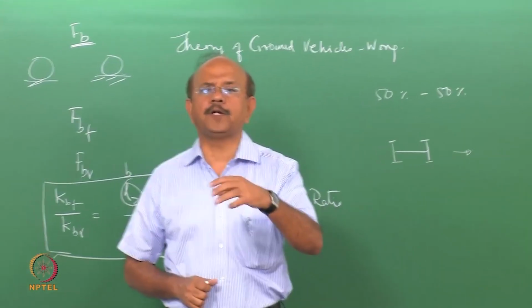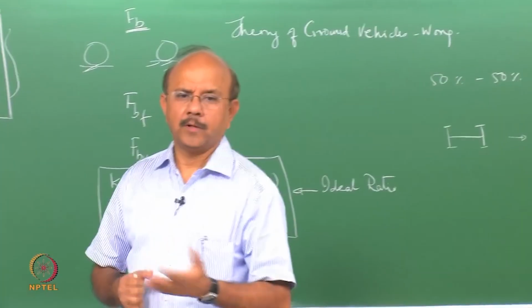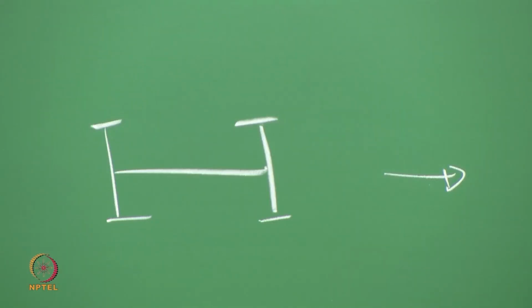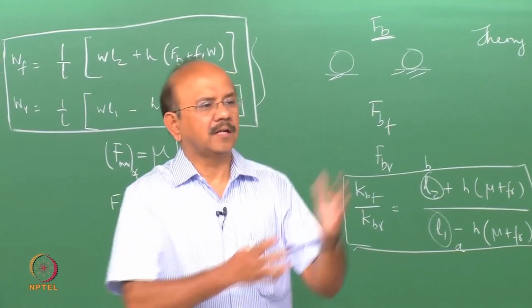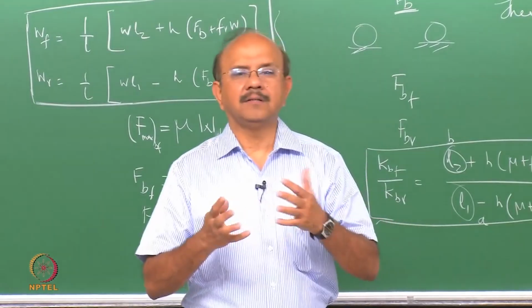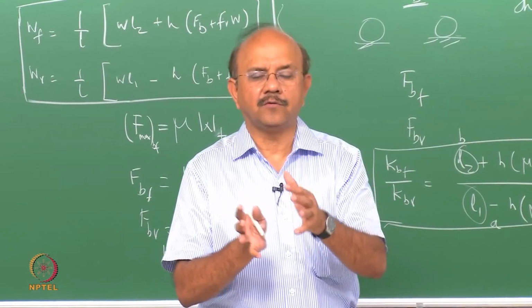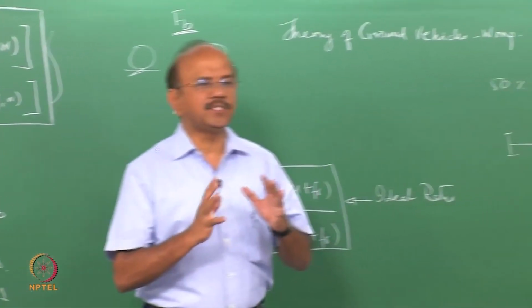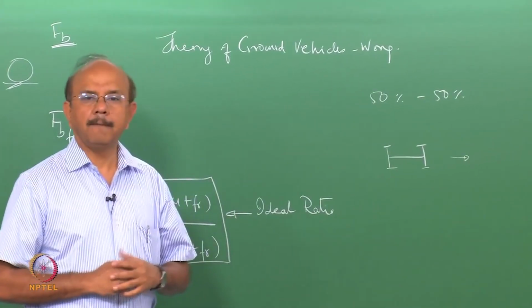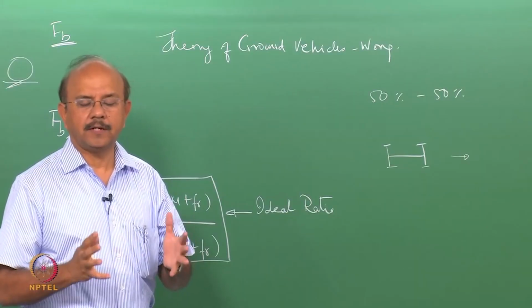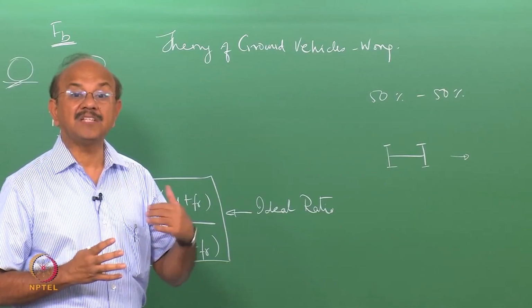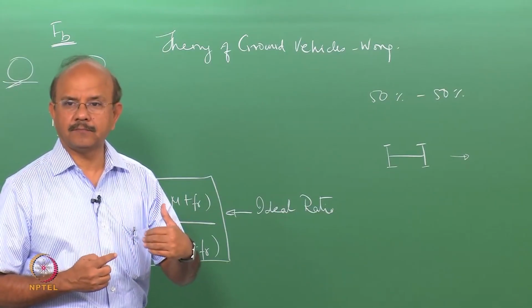Now there is a small perturbation to the vehicle. It is only in theory that the vehicle would run straight. There would be a camber of the road, or there can be a crosswind, or a small undulation, or a small bump, whatever it is. There are perturbations in the roads, and you can't always drive straight, and due to so many reasons your vehicle has to develop a lateral force.